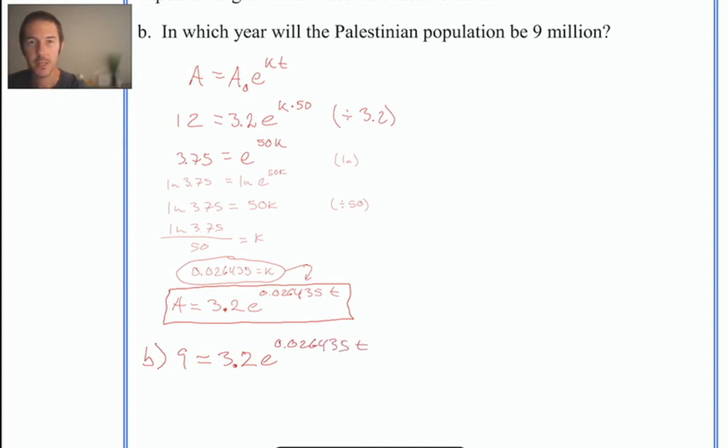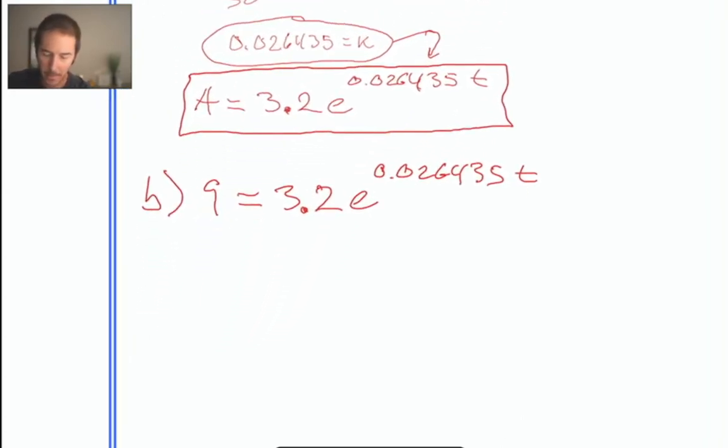And now we have the pleasure of solving for t. No problem. For that matter, in the previous video, if you were with me for that one, we solved equations that looked just like this. The numbers were maybe a little nicer, but otherwise the process is the same.